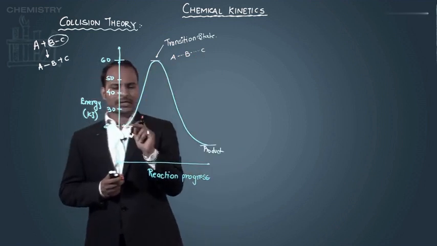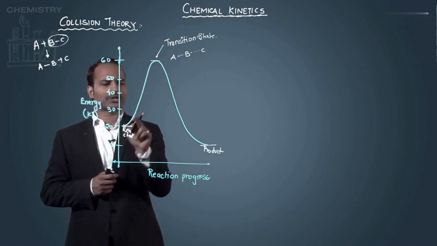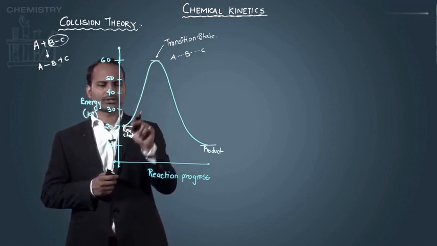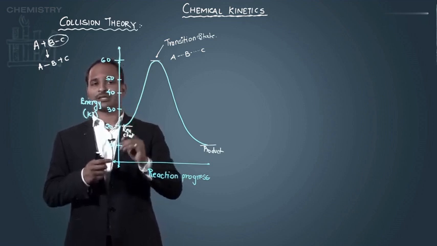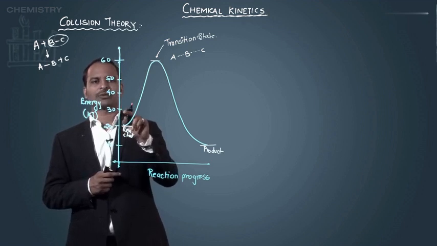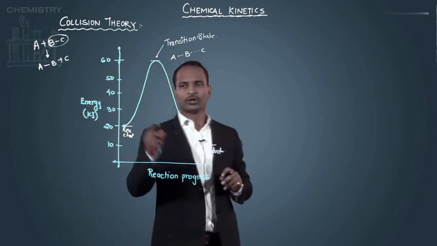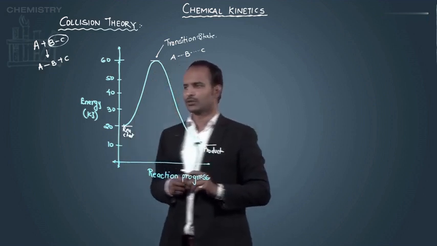Now this is the average energy of the reactant. Some reactant molecules, at this temperature, have this much energy, some have this much, some have this much. Some reactant molecules have energy of 20, or less than 20 kilojoule. Some of them have 30, 40, 50. Only those reactant molecules get converted into product whose energy is either greater than or equal to 60 kilojoule.